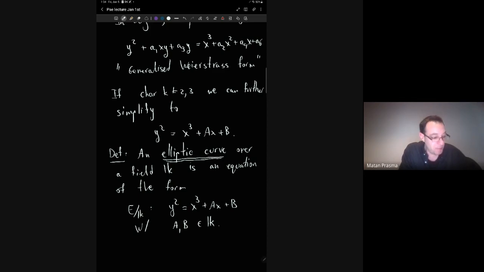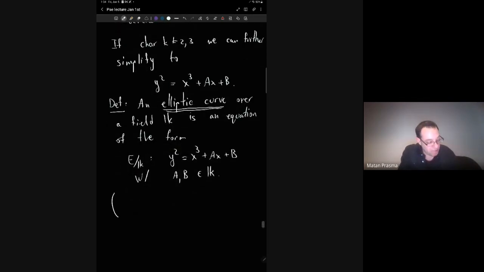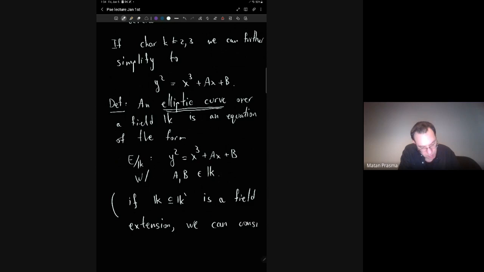Because of course, if K prime is a field containing K, a field extension, we can consider the same equation, but over the larger field K prime.